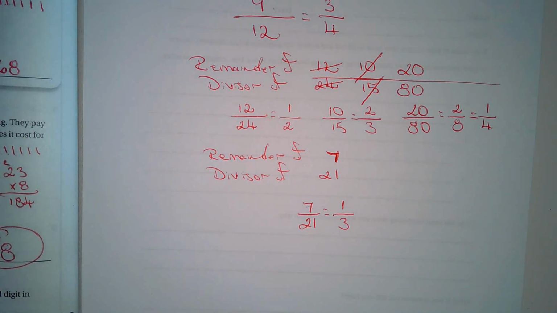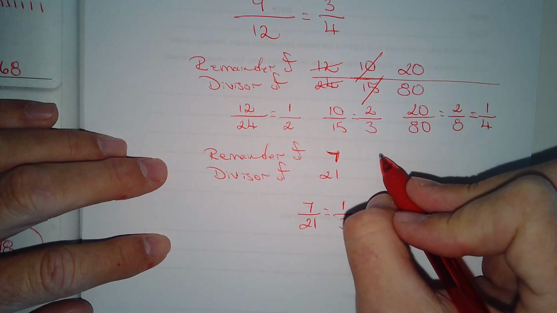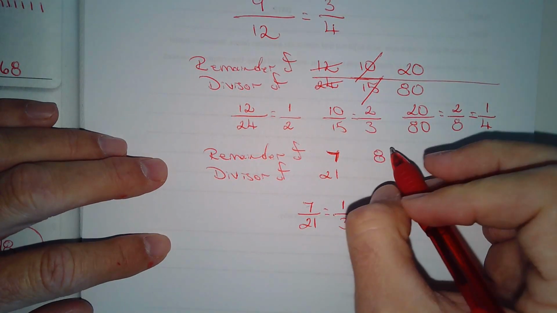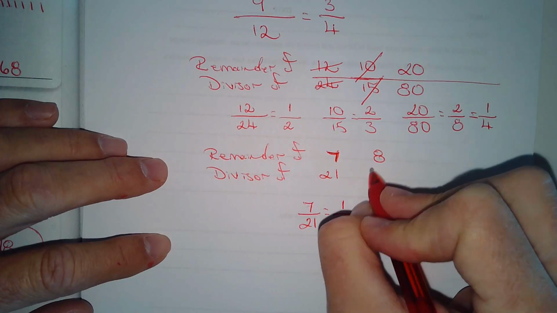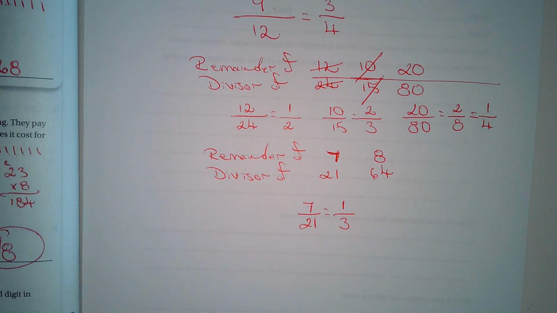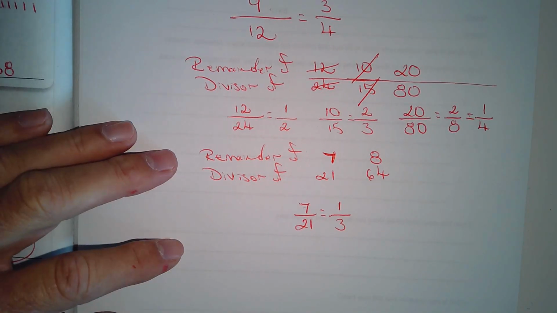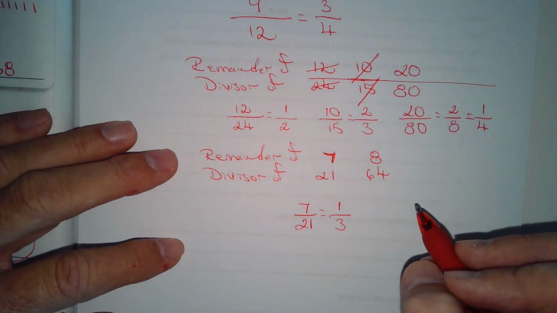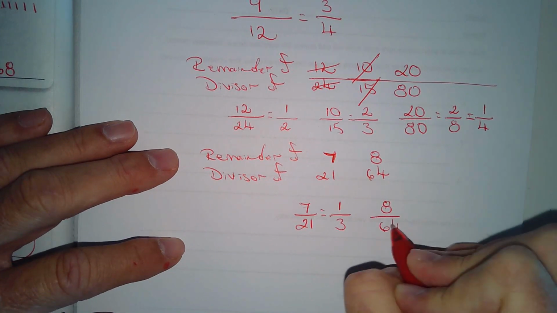Mr. McWilliams, I had a remainder of 8, okay, and a divisor of 64. What would the initial fraction be? The first fraction that we're going to work with, what would it be? 8/64. Thank you, 8/64.